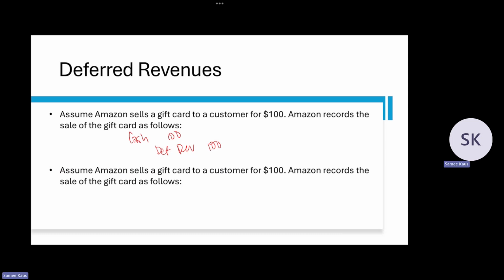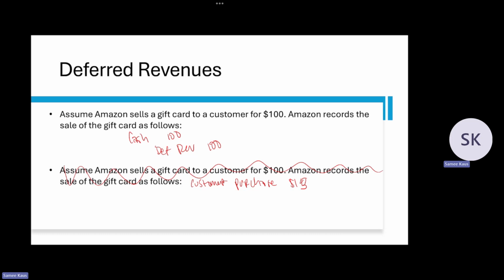So now, assume Amazon sells a gift card to a customer for $100. Let's say a customer buys something. How much do you think this product is? Let's go $15. So the customer is going to purchase something for $15.